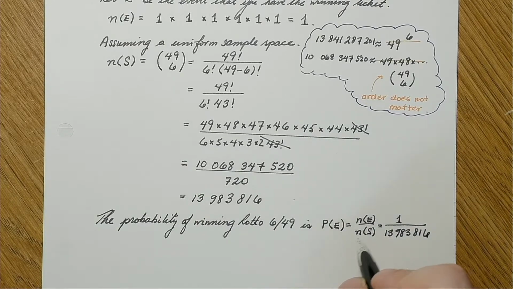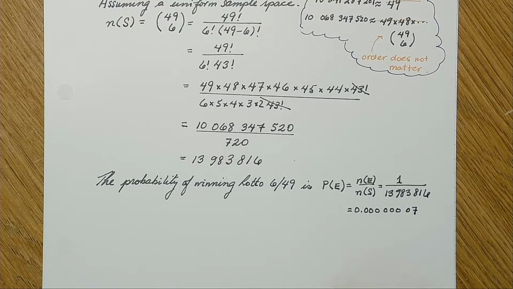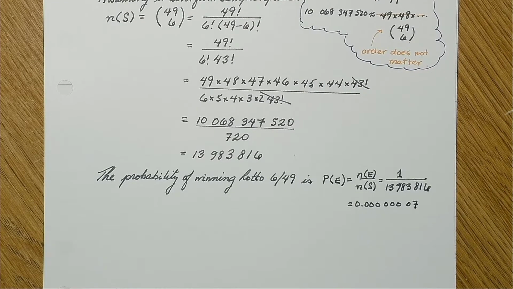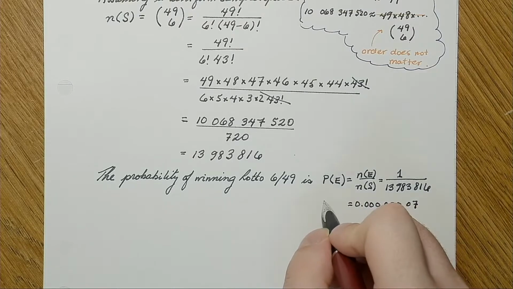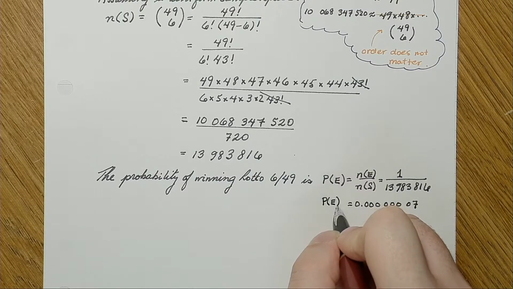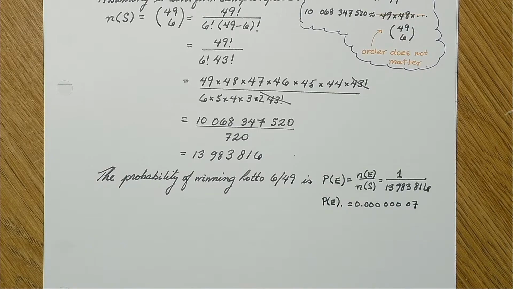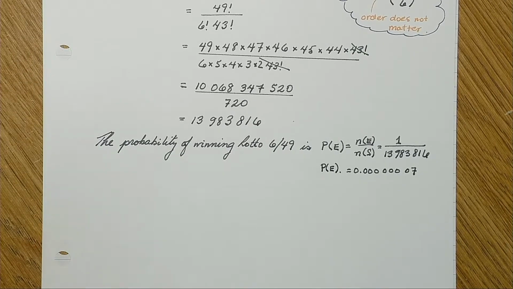And that's a very, very small probability. Again, it's 0.000, so 1, 2, 3, 4, 5, 6, 7, okay, very, very small chance. Coincidentally, you would have a better chance of getting struck by lightning than winning the Lotto 649.